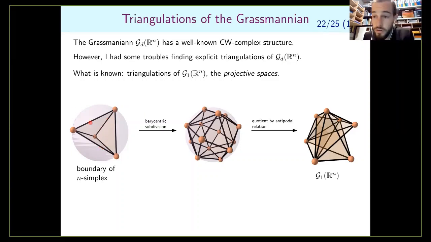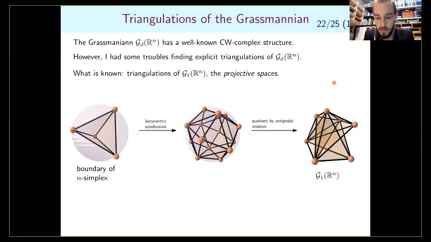You take a triangulation of the sphere, like the boundary of a simplex, you subdivide it, and then you just quotient the antipodal points. You obtain a simplicial complex that is a triangulation of the Grassmannian of lines of Rn.